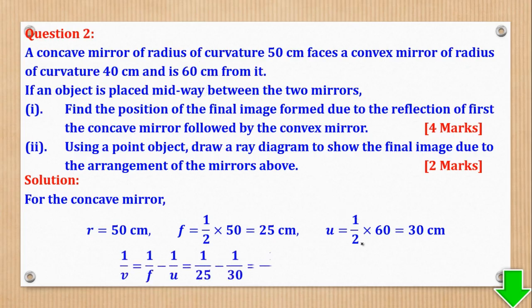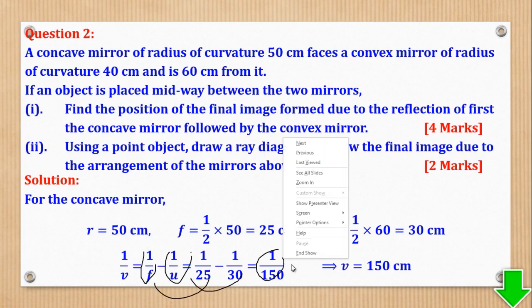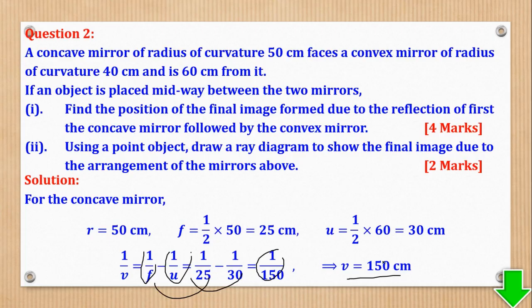Then when you use the mirror formula and make 1 over v the subject, it becomes 1 over v is equal to 1 over f minus 1 over u. Substitute for f, substitute for u, come up with this, get the reciprocal, and that will be the value of the image distance using the concave mirror. So now that we know the image of the first mirror, we can go ahead and draw a diagram.